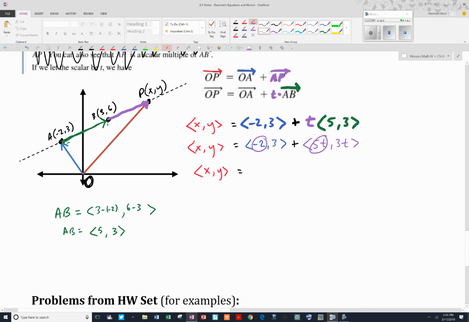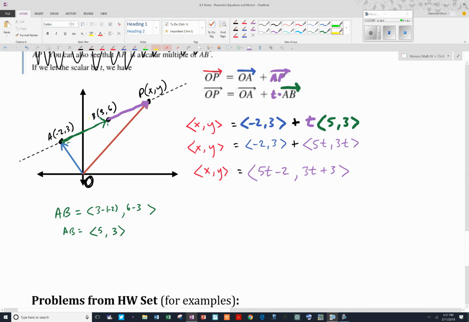Negative 2 plus 5t, or 5t minus 2, and then 3t plus 3. Just adding those two vectors together to get our resultant vector. So basically what we're saying here is the blue vector plus this vector here, that is the green one scaled out, is going to equal the resultant vector, that red vector right there.